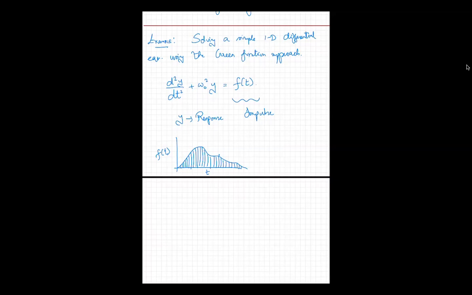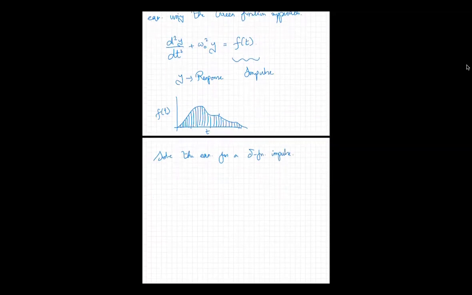I'm going to freeze the impulse at some particular time t prime. And I'm going to call the response to this delta function impulse some g. So solve the equation for a delta function impulse.